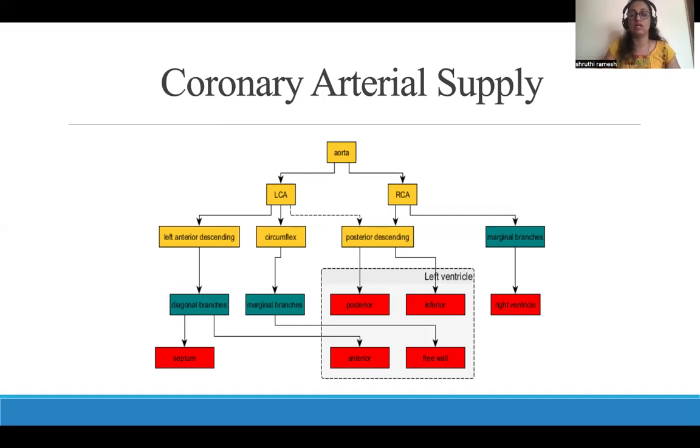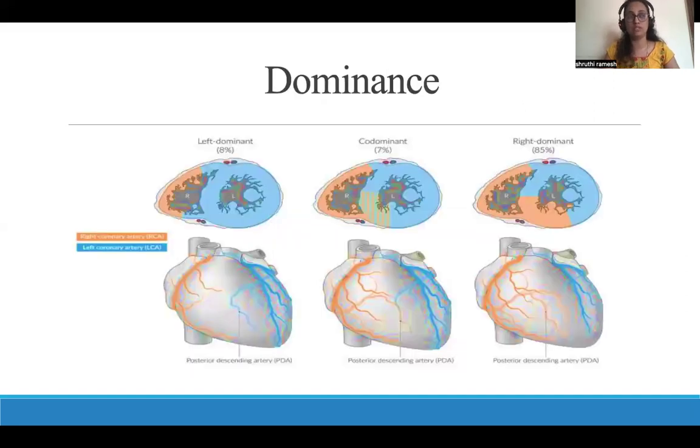As a result, we decide the dominance of a person based on where the posterior descending artery arises from. So most of us, about 85%, are right dominant, which means it arises from the right coronary artery, and 8% are left dominant, and around 7% are codominant.